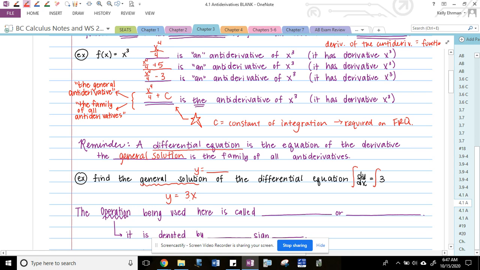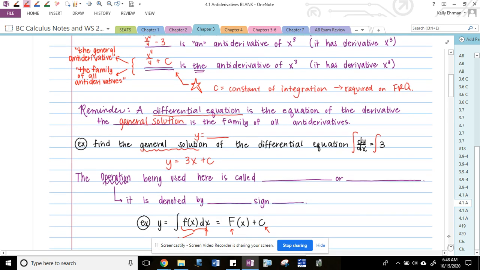You're saying, what would I have to have taken the derivative of to get just plain 3? And then we have to have plus c, this constant of integration, because it could be 3x plus 2, it could be 3x minus 3/4, it could be anything with a constant term on the end.